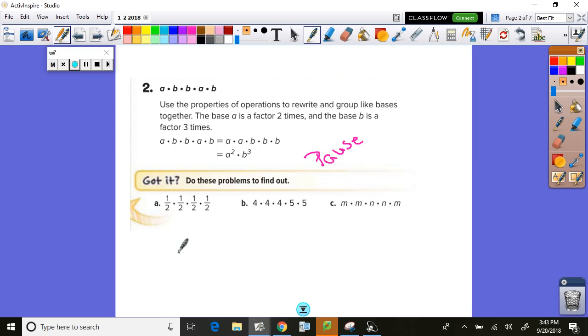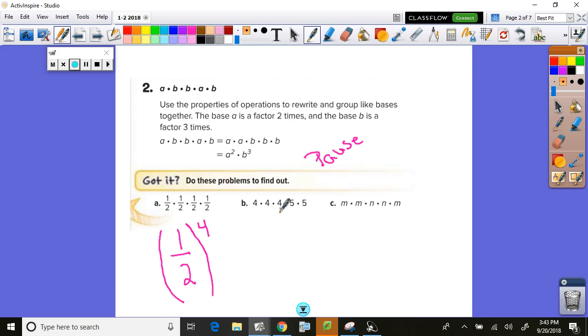Welcome back. Letter A, that's 1/2 times 1/2 times 1/2 times 1/2. If I write 1/2 to the fourth, that is only going to raise the 1 to the power of 4. In order to show that it's the whole fraction, you need it in parentheses.